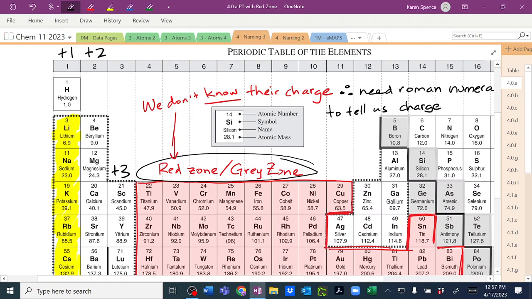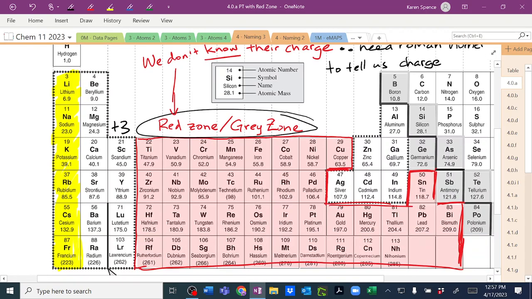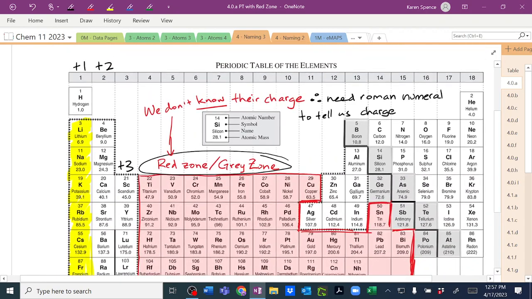So even though we don't know the valence electrons really for that Group 3, it's as easy as 1, 2, 3. So you're expected to memorize those, okay, the 1, 2, 3.